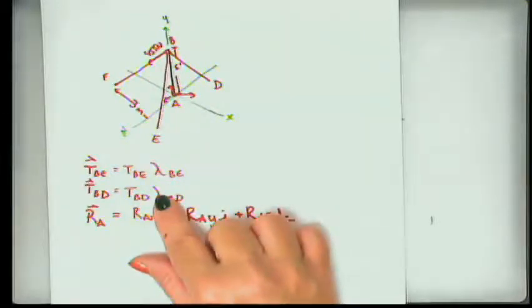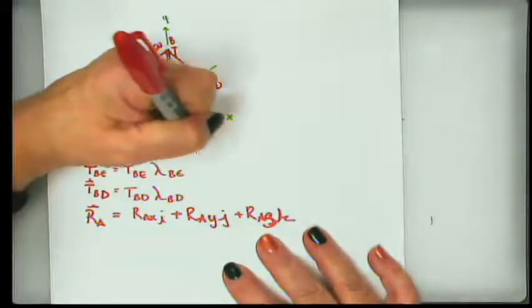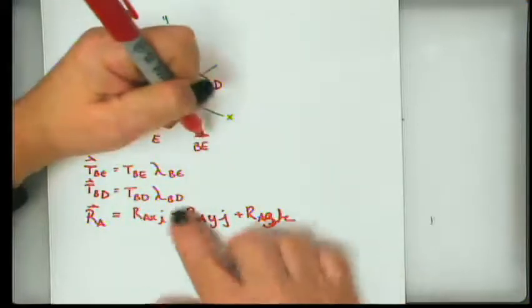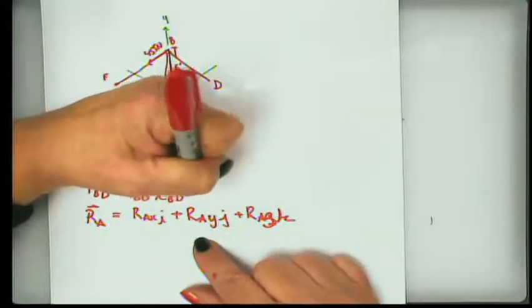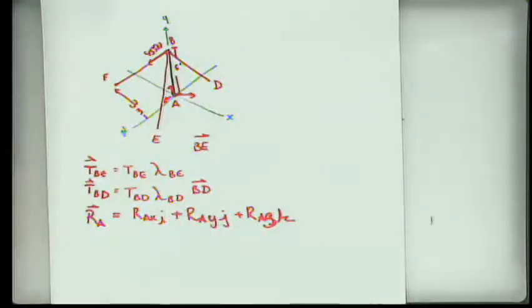All right, so the first thing we need to do is to take our drawing and find the vector B to E and the vector B to D, and then reduce each of those to a unit vector.